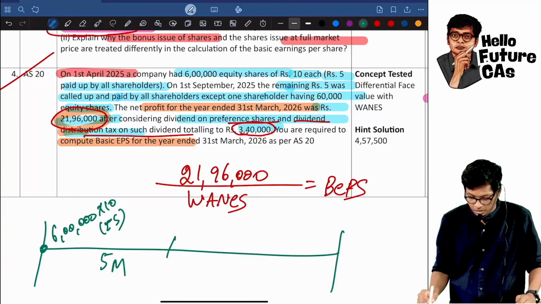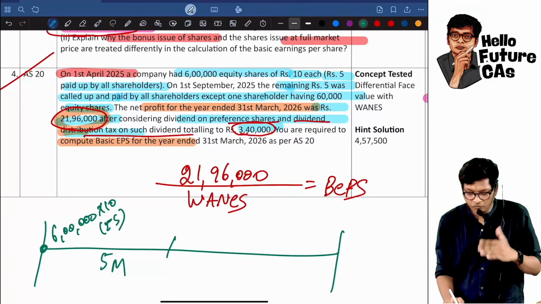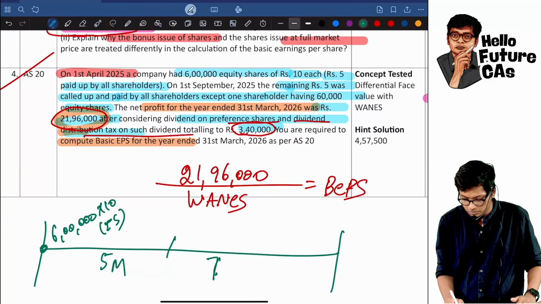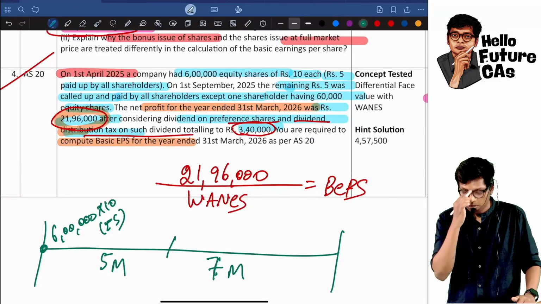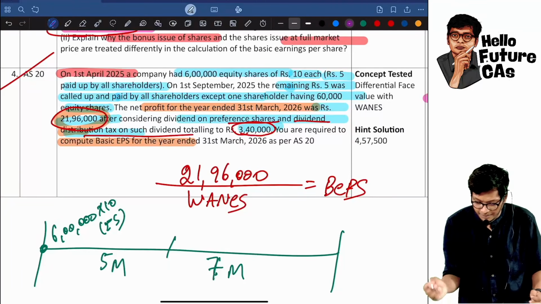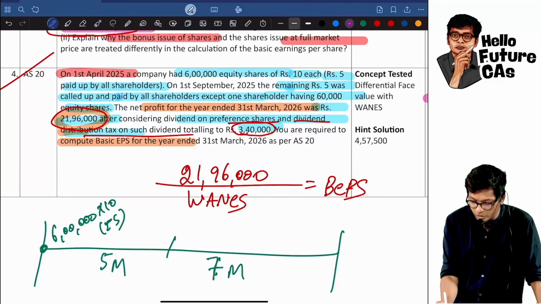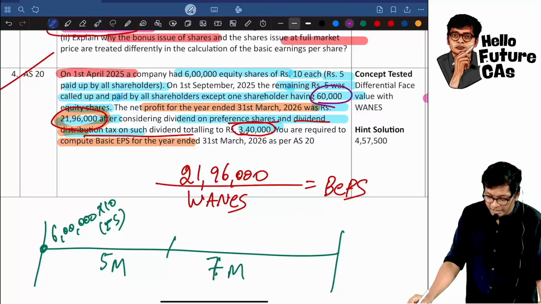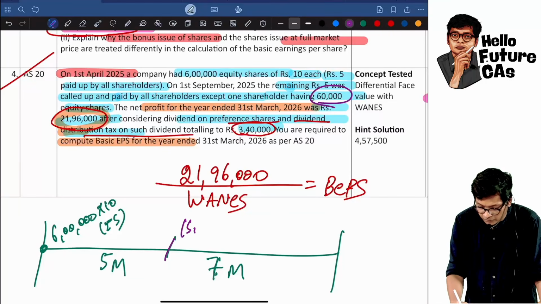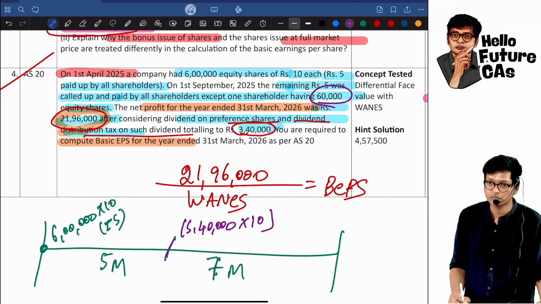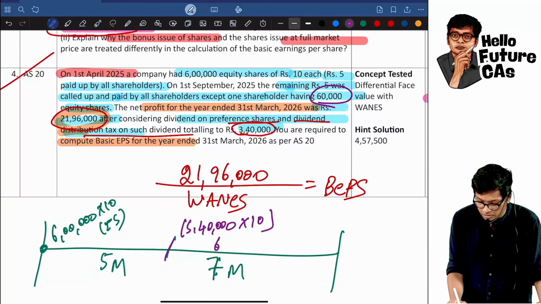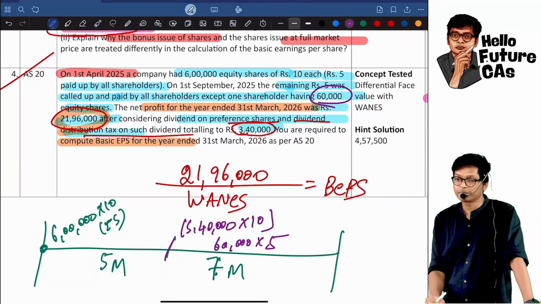Then I am going to split my year into 5 months and 7 months. After this, what happened? I made a call. All shareholders paid except one fellow who has 60,000 shares. So here I will again rewrite: 5,40,000 shares have become 10 now, but still 60,000 shares are continuing at 5 rupees per share for 7 months.